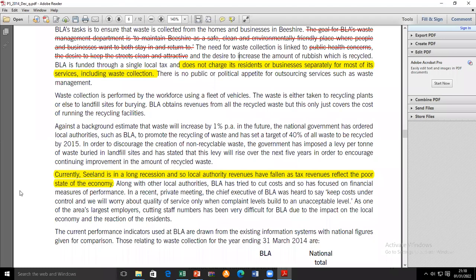How can we measure this? Public health. How can we measure the public health concerns? Public health concerns, how can we measure that objective?